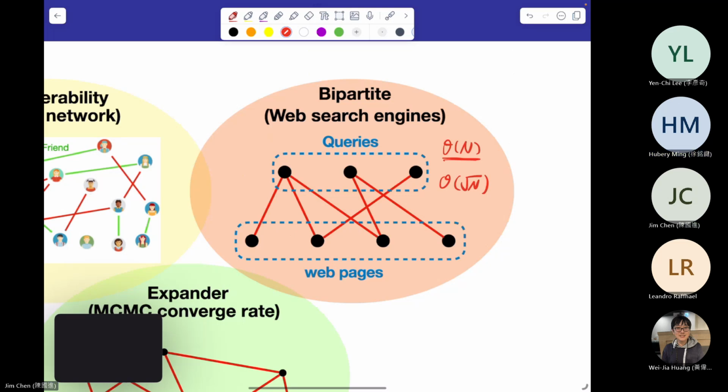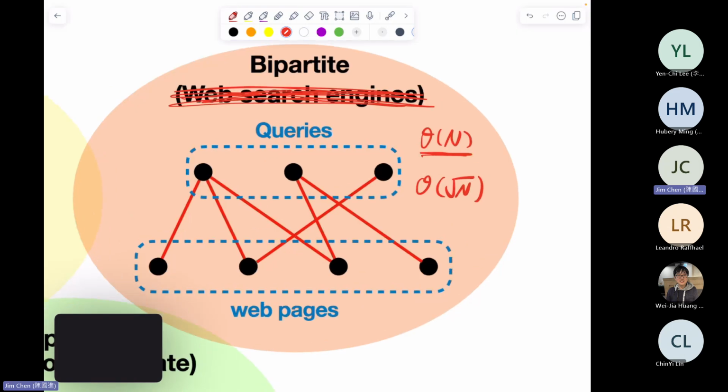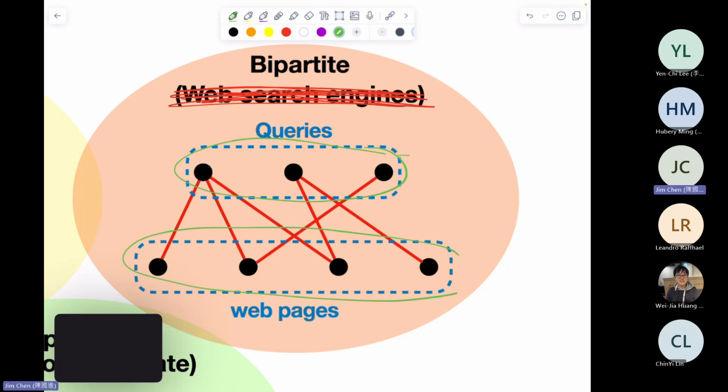Oh, sorry. You can ignore the website search. Bipartite is that if we are given a graph, we would like to check whether we could decompose the graph into two components, such that there does not exist an edge within these two components.